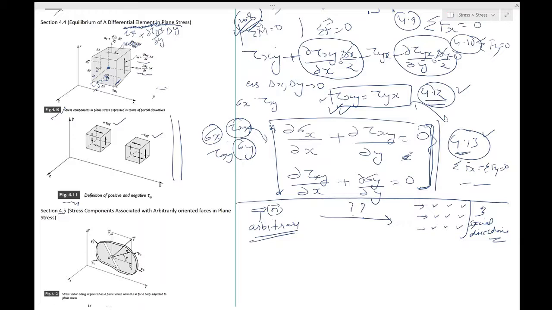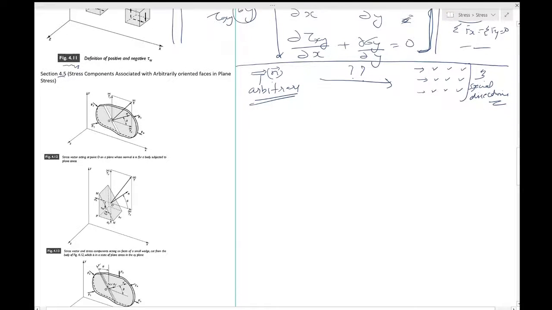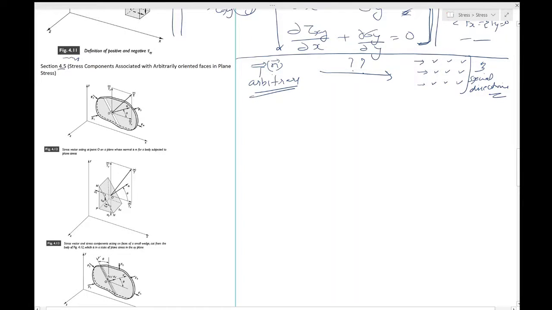So they were special cases, but now we are dealing with the stress vector and how it's related to these three special directions. We want to find how to express these components in terms of this, and we'll see how this is in fact one of the most important results in solid mechanics, in this whole subject, which begins over here.